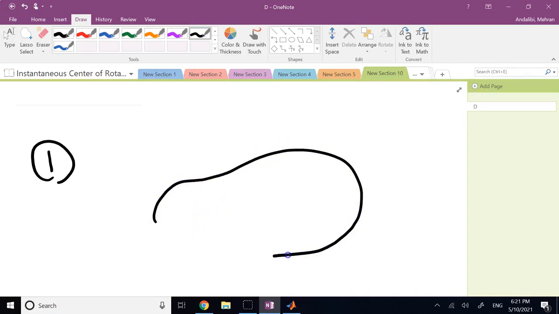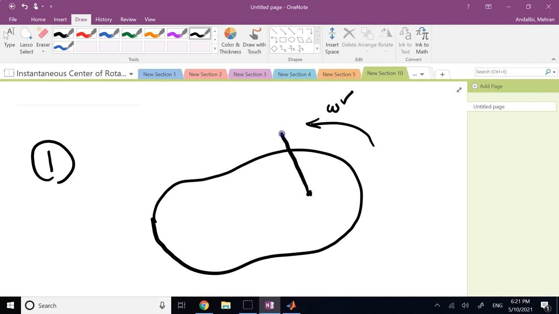So if I give you this rigid body and I say omega of the rigid body is so much, and I say the velocity of one point on the rigid body is also perfectly known. So I say velocity of point A, I know its magnitude, I know its direction. Okay, so I know this angle, for example. Right?